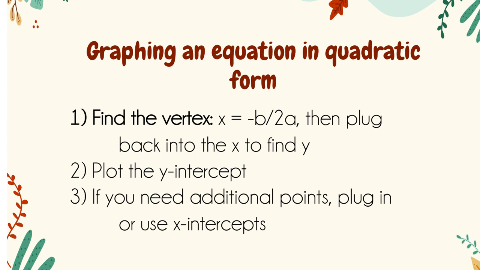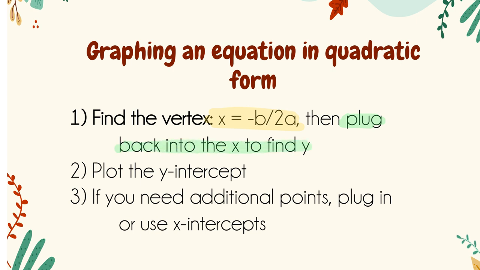However, how am I solving for it? Your formula for the vertex is right here: x equals -b over 2a. And once you solve for your x, you're then going to plug your x in to find your y.